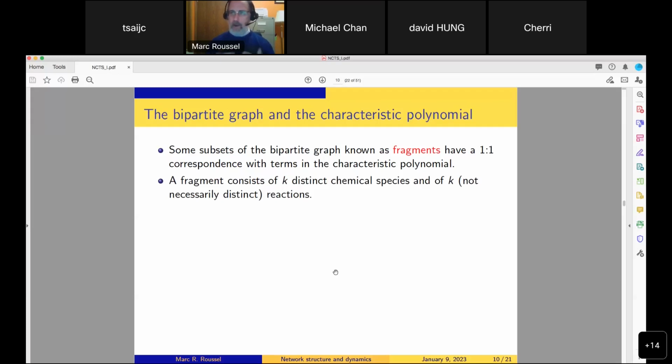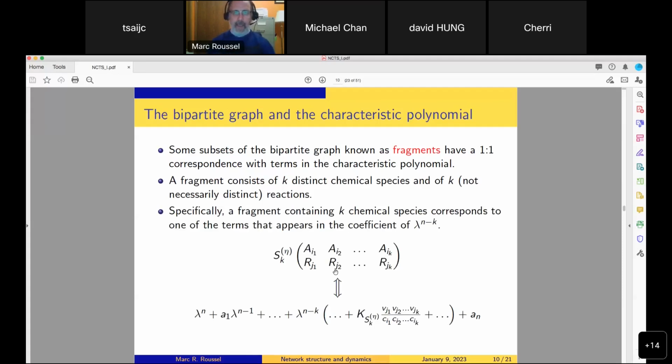The reactions may not all be different from each other, so you can have repeated reactions, but the chemical species are all distinct. And so a fragment of order k, with k chemical species, corresponds to one of the terms that appears in the coefficient of lambda to the n minus k, where lambda is the eigenvalue of your characteristic equation.